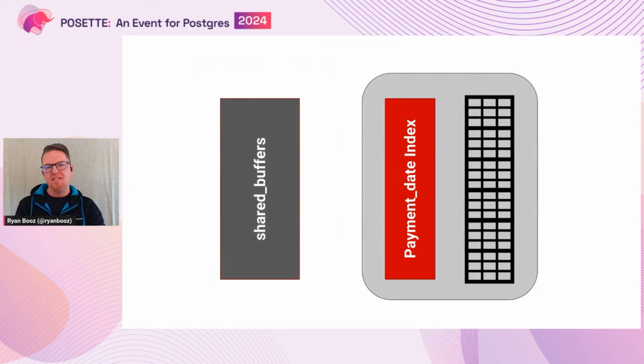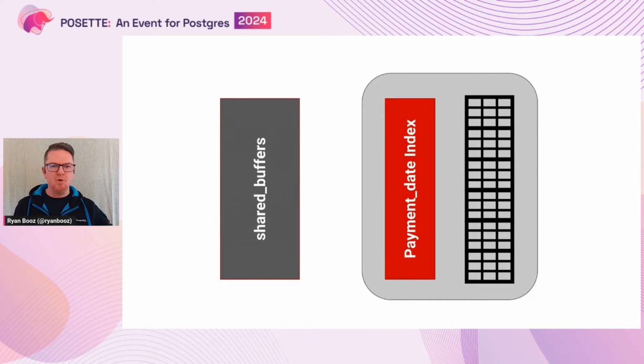But one of the other benefits is this: when you have a very large table, you will often hear about tuning Postgres around shared buffers. So shared buffers is the configuration parameter that allows us to specify how much RAM on this computer will be used to cache the data pages that store our data that we're querying. Now, often you want the most recent data to be accessible there, particularly in things like time series applications.